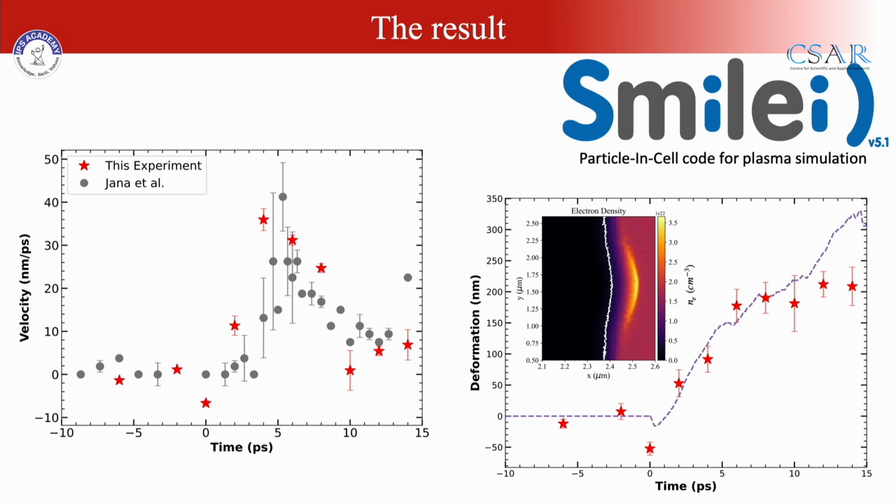So we have also compared this measurement with our previous measurements where we measured the velocity. Here we know the position of the critical surface, so from the position we just take a time derivative and compute the velocities, and the velocities match quite well with the previous measurement. And we also do some PIC simulation to validate our measurements.